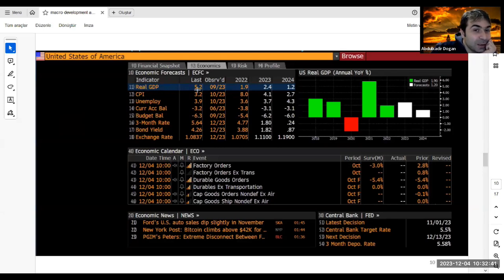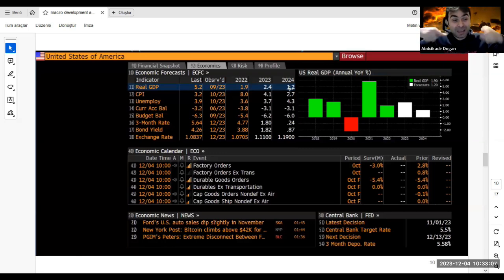The real GDP. The last observation for the third quarter of 23 is 5.2. And in 2023 overall, I will have a real GDP growth around 2.5%. But for 2024, one year later, my GDP growth will decrease. And for this reason, all around the world, we are speaking about the recession.